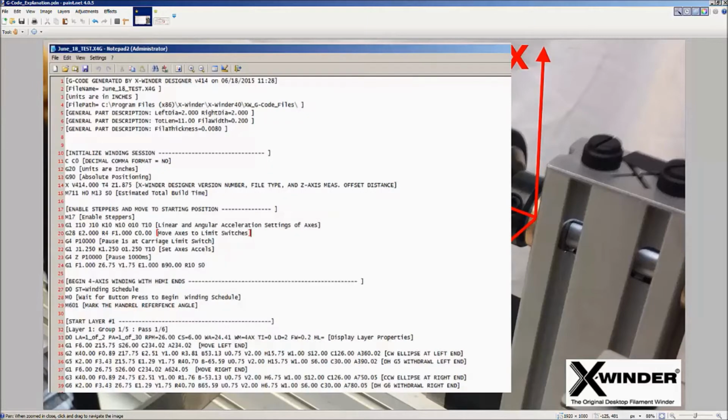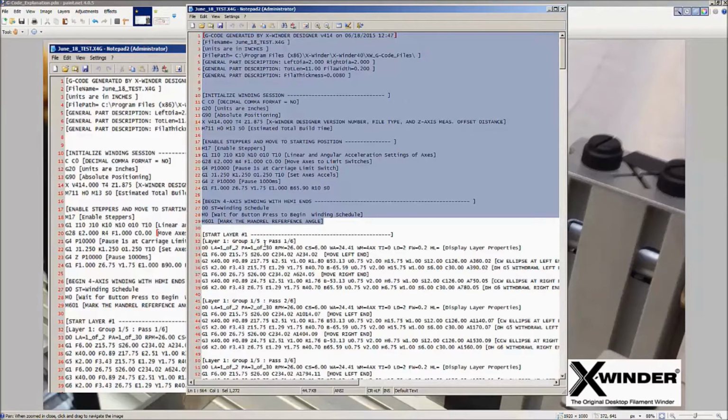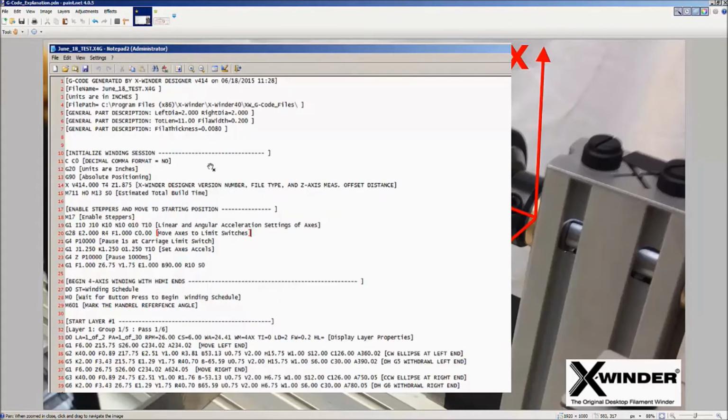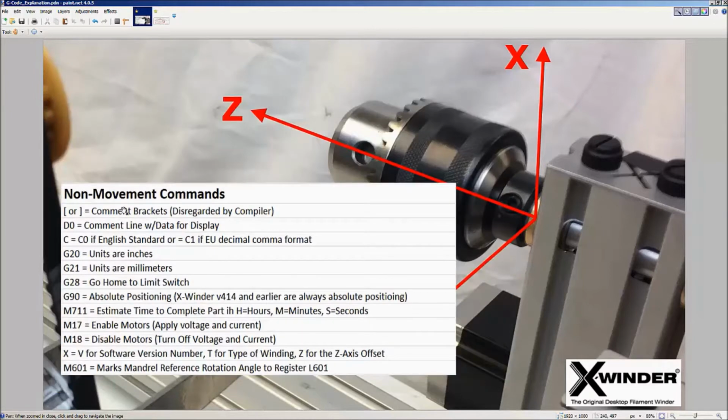So first, let's have a look at the typical G-code file. I'd already shown you that, and we've broken it into 2 parts. Here we're looking at the top setup information, and these are all non-movement commands. So the non-movement commands in the top half are the beginning of the G-code file. So anything that's bracketed is comments.